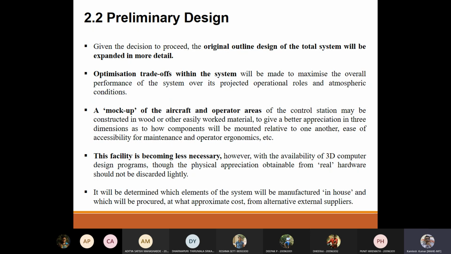So what is the meaning here? All elements or components are not required to be manufactured in-house, correct? You should check the alternative options. If legal, you can procure and integrate.